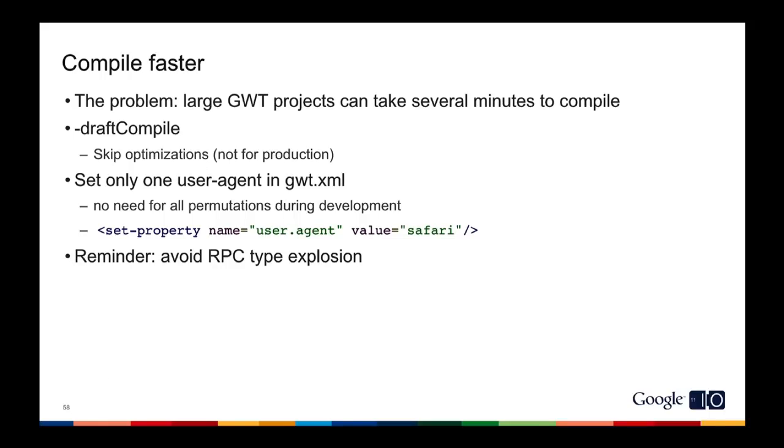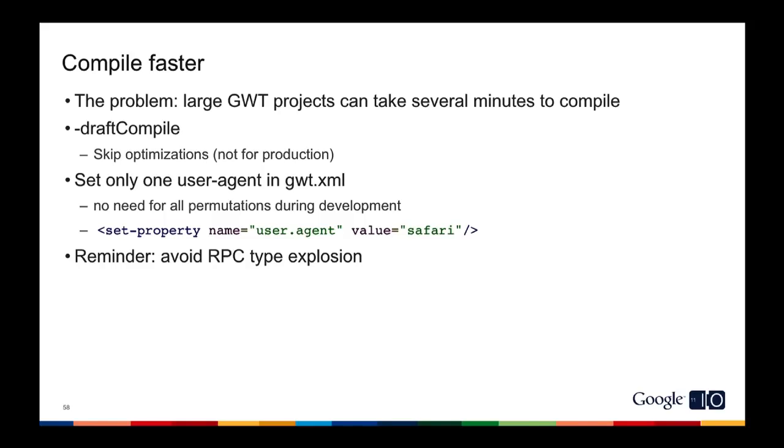So if you have 5 browser permutations and 4 languages or locales, that's going to result in 20 permutations. So if you're using multiple properties this way, you definitely want to be restricting them when you're doing your ordinary development compiles. Of course, I should say at the beginning, you shouldn't be compiling as a normal part of development. You should be using development mode, where your changes take place right away.